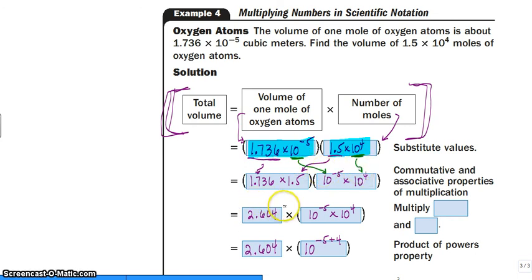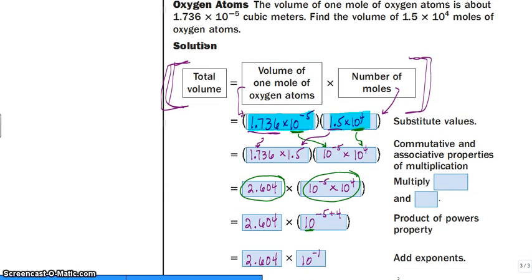I multiplied these numbers. You feel free to use a calculator. And then I did product of powers here. Remember, for product of powers, you keep the base and you add the exponents, which leaves me with 2.604 times 10 to the negative 1.